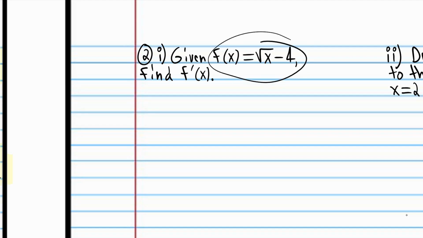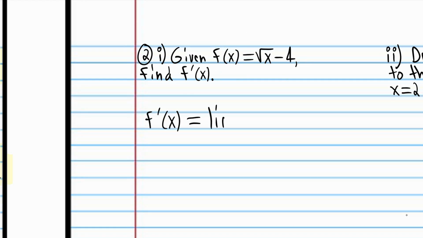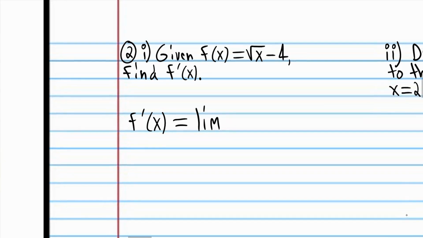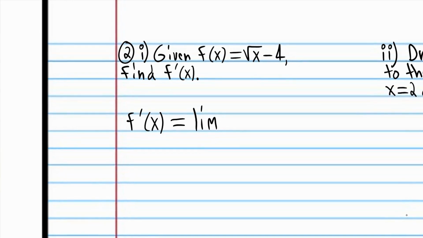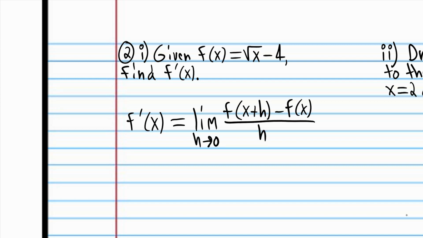Given this function, we're asked to find f prime of x, the derivative, which again represents the instantaneous rate of change of the function at some x value. So it's defined to be the limit of f of x plus h minus f of x all over h as h approaches 0.